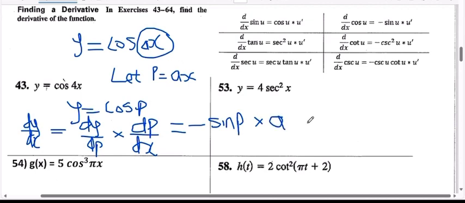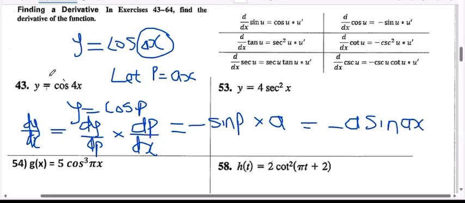So I'm actually going to have minus a sin p. So what is p? P, in this case, is actually ax. You see what I have for the general one?